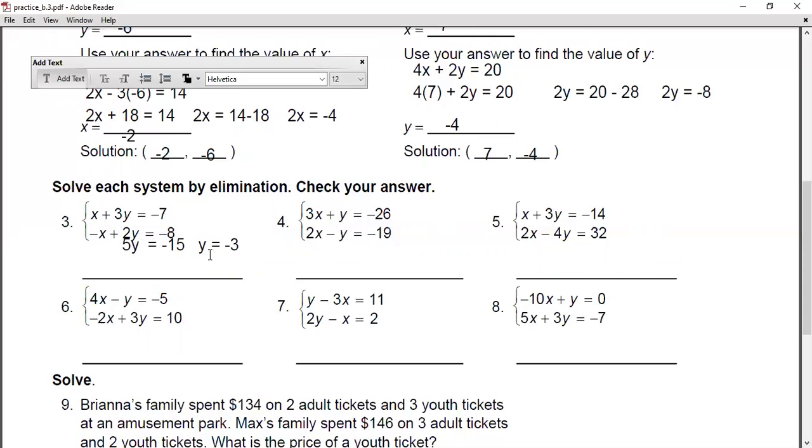Now that you have negative 3 as y, you can choose any one equation and solve that. So let's find out what it is for x. So x plus 3, I'm choosing equation number 1. So x plus 3 multiplied by negative 3, in place of y I will write negative 3, equals how much? Negative 7.